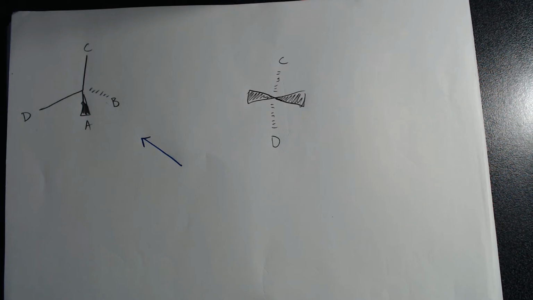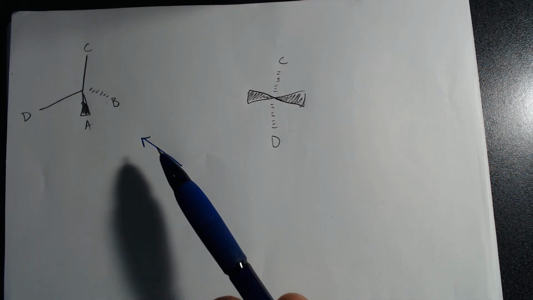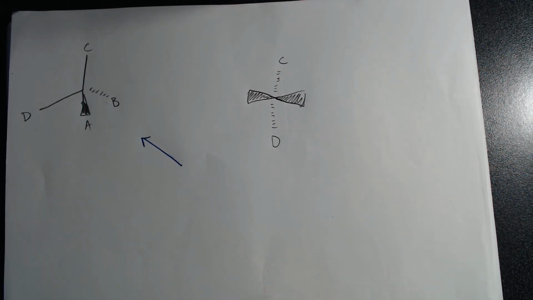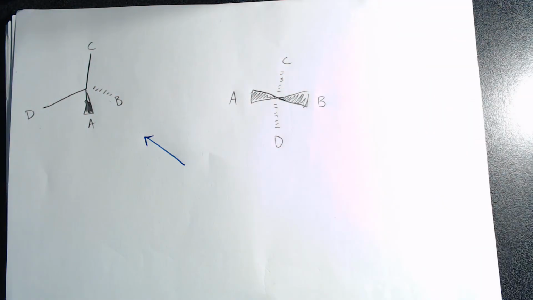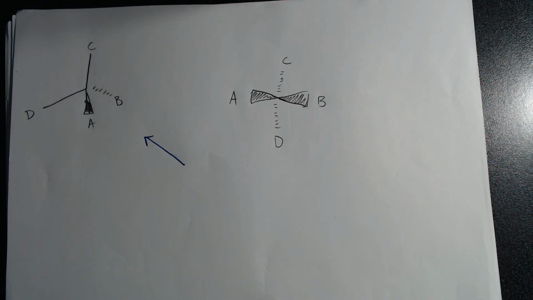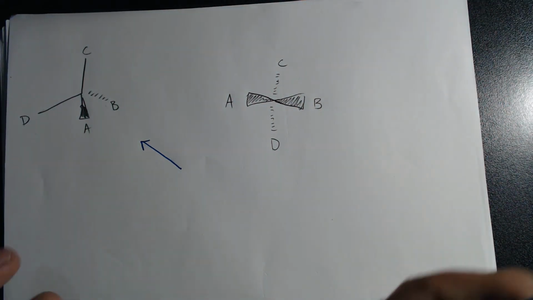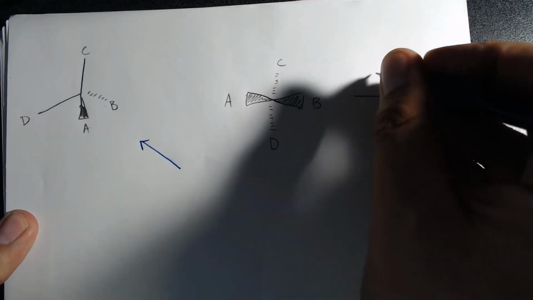Should be left. Yeah, we're looking at it from this perspective. A would be towards your left. All right, so A and then B. And basically what a Fischer projection is, you take this perspective and you smash it, squash it. And then that's your Fischer projection.